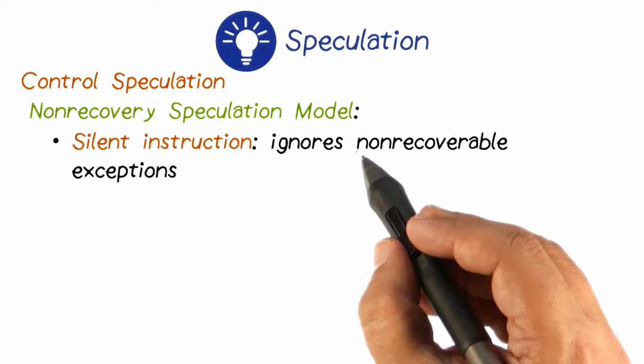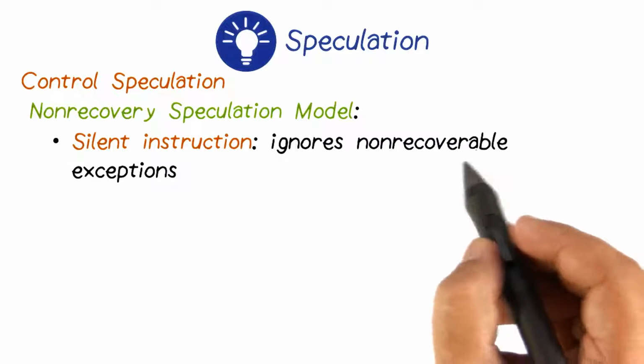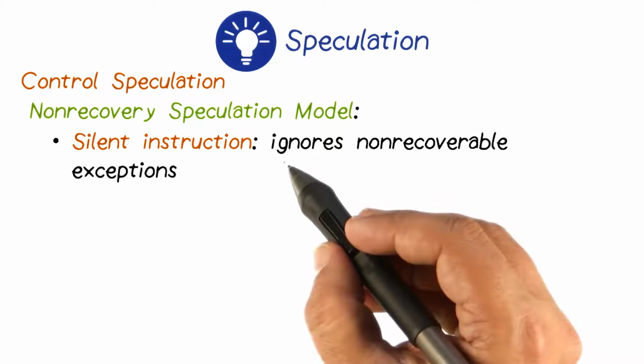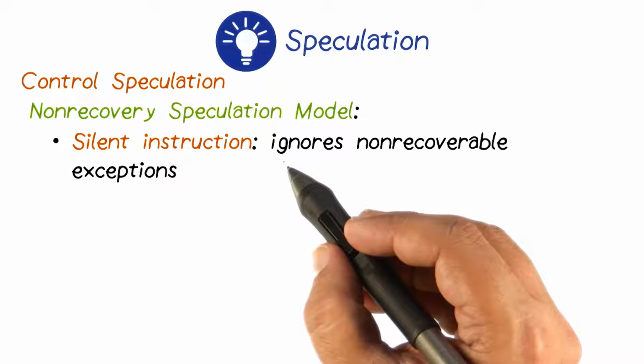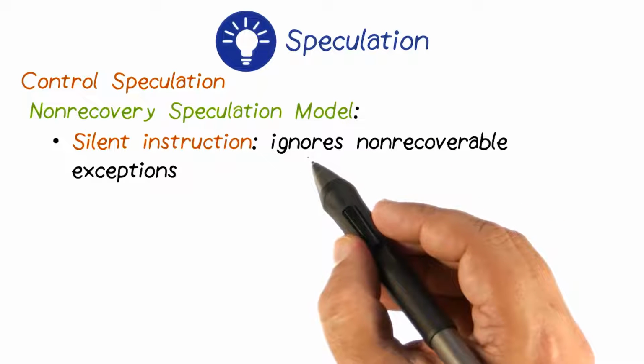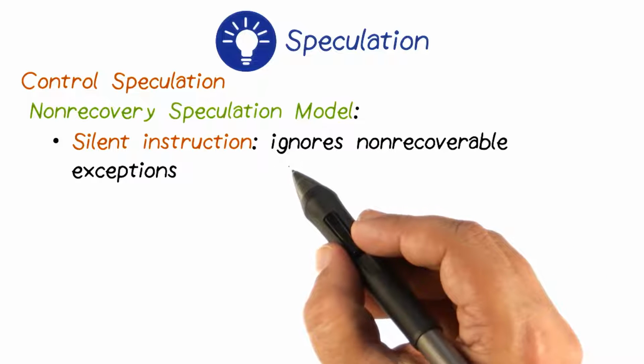So we classify the set of instructions into two categories: silent instructions, which simply ignore the non-recoverable exception that is triggered here. And what is the outcome of this exception then? Those instructions which cause the exception are simply cancelled, and other instructions simply ignore those. For example, dismissible loads.